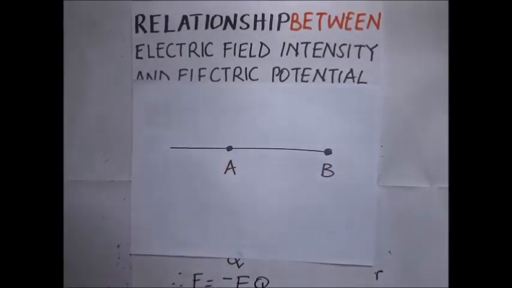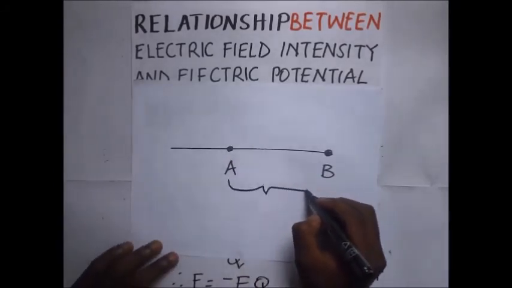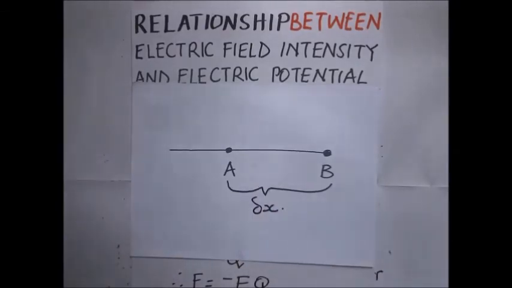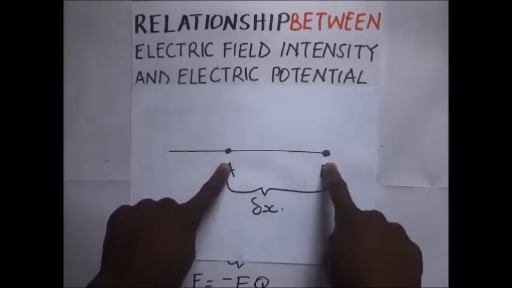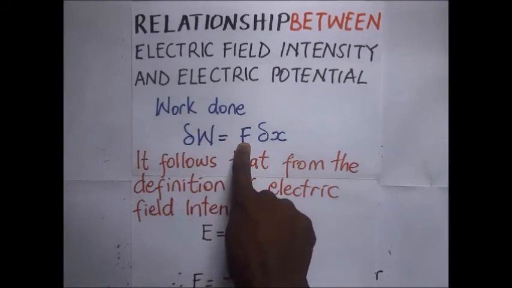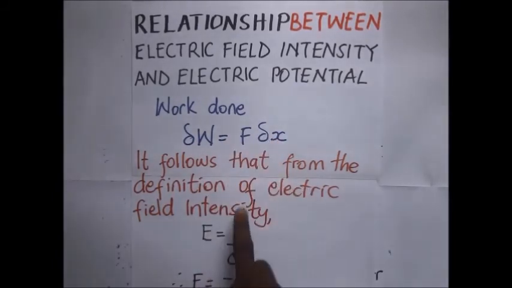Now, supposing this charge has been moved through a small distance, let's call that distance dx. It means that the work done in moving that charge from A to B through that small distance is going to be equal to force times that small change in distance.